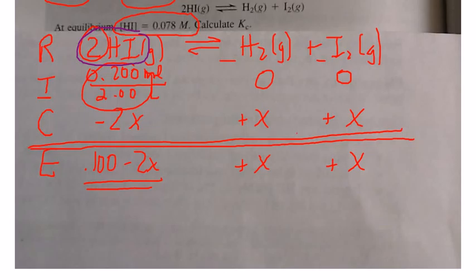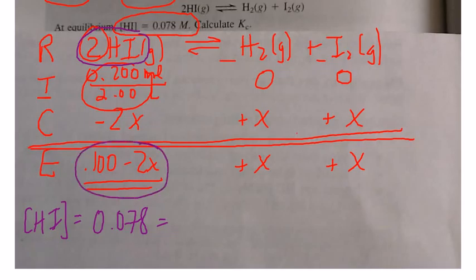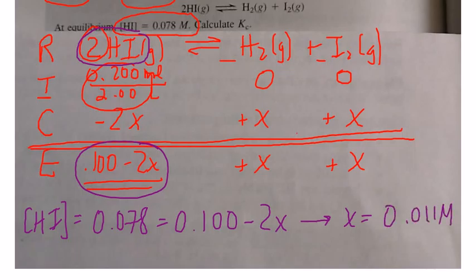So at equilibrium, HI's concentration is 0.078 molar, and that's equal to this right here, 0.100 minus 2x. So from this, I can just rearrange and actually solve for x. X is equal to 0.011 molar when I rearrange.